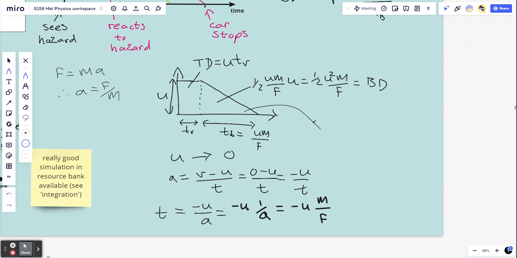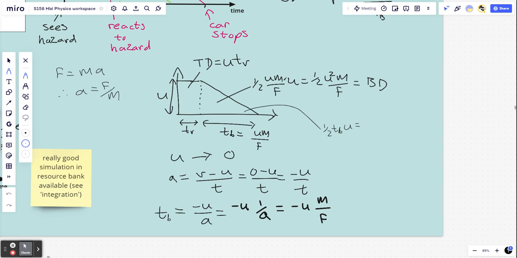This second area, because it's a triangle, is going to be half base times height, and the base is tB, and the height is u. Now the time tB is this one here. So let's sub all that in.